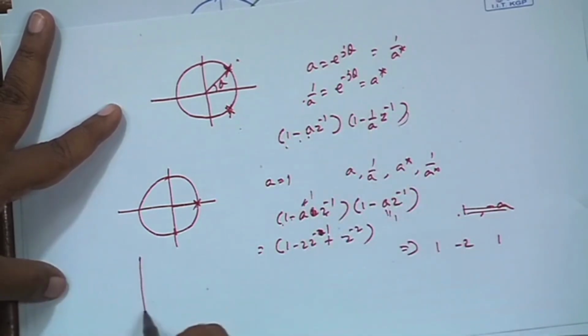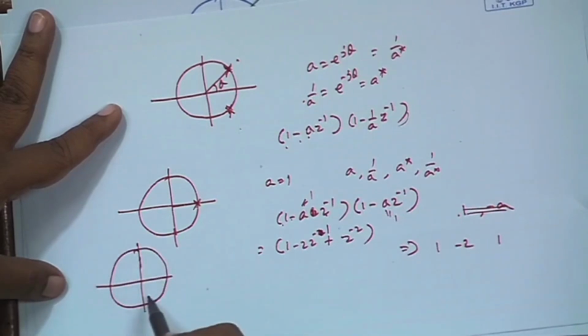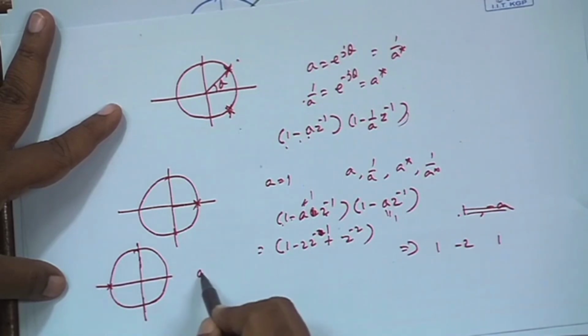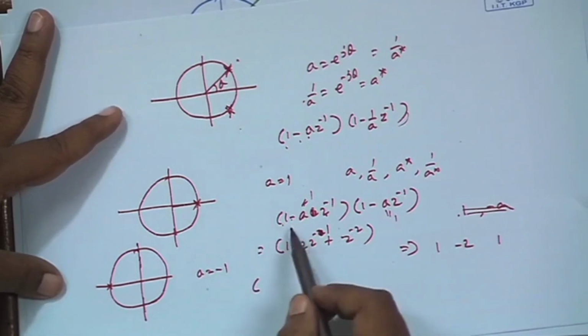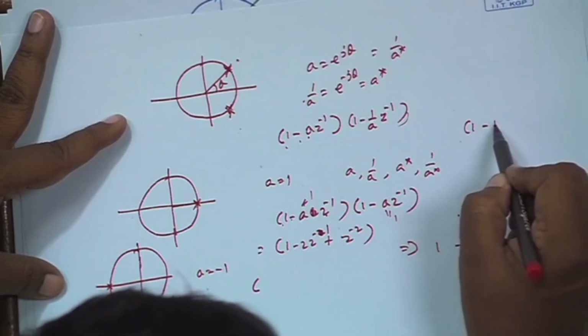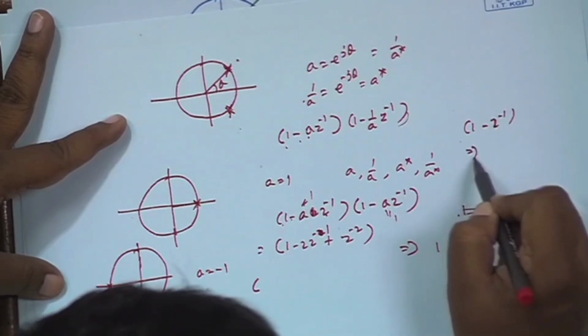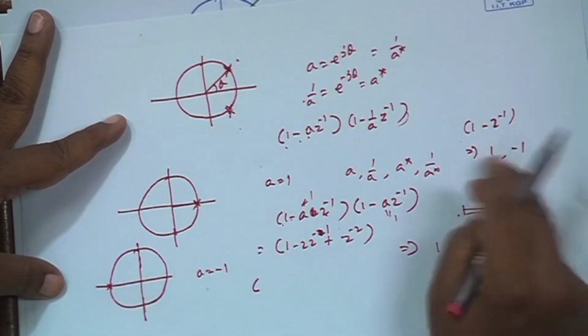On the other hand, if you have the zero here, then A is minus 1. Earlier, A was 1, so 1 minus z inverse, so your filter was 1 and minus 1, which are not the same.